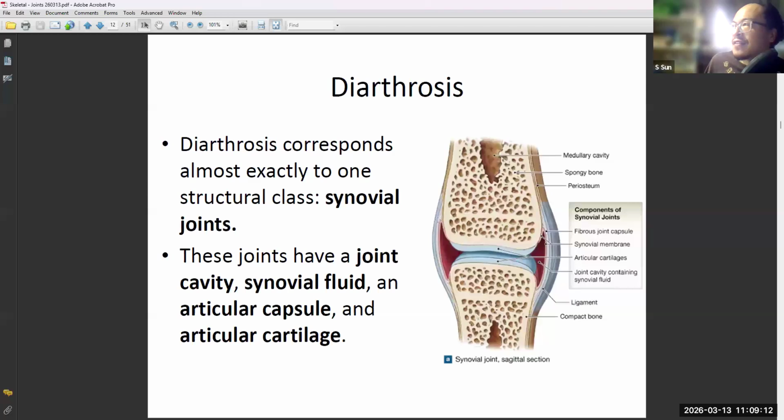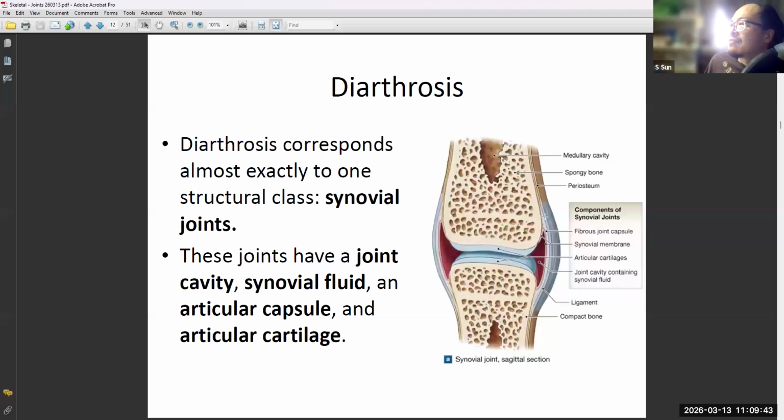Synovial joints have this joint capsule. All right, easy peasy. The joint capsule has an outer membrane and an inner membrane. The outer membrane is called the fibrous layer, the fibrous capsule.